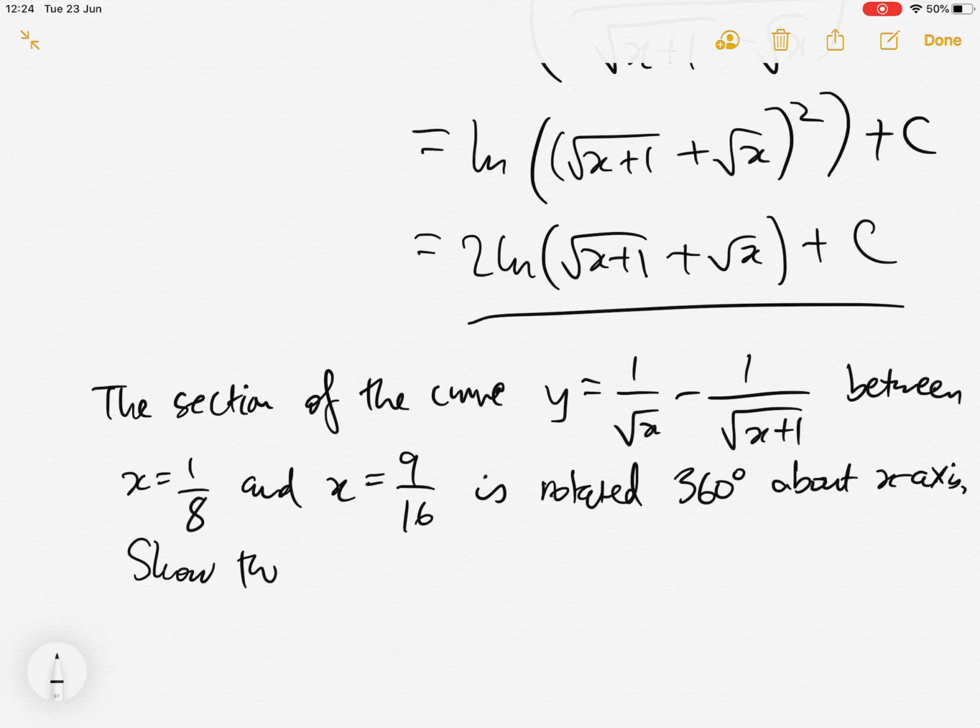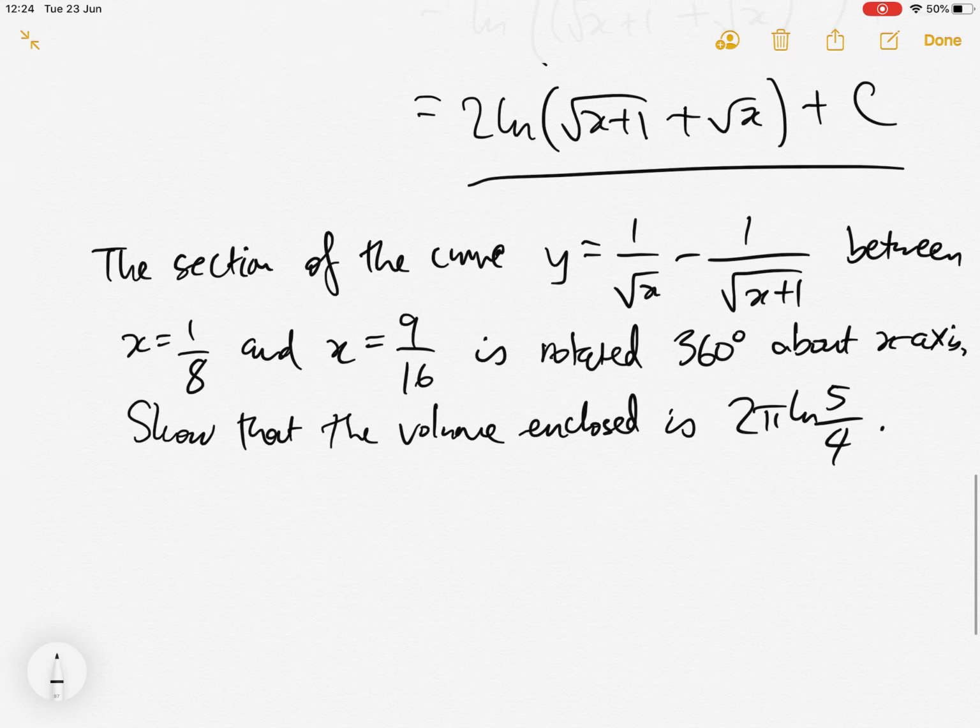Show that the volume enclosed is 2 pi natural log of 5 over 4.